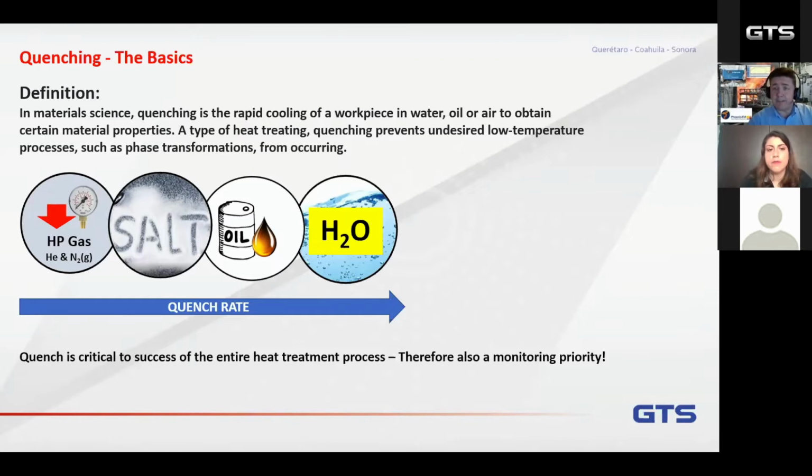And we'll look at the examples that I referred to before. So we know that quenching is critical because it's pointless achieving the metallurgical state of your product in the furnace and then losing those properties by the slow cooling of the product. Often we need to maintain or freeze those metallurgical characteristics within the metal through this quenching step.